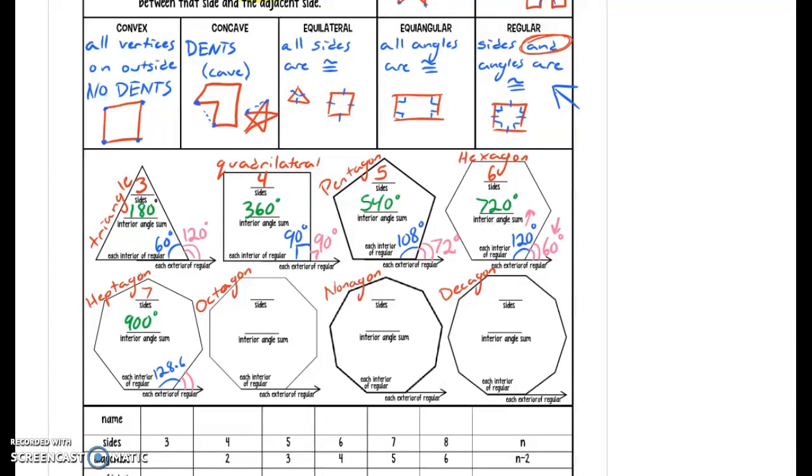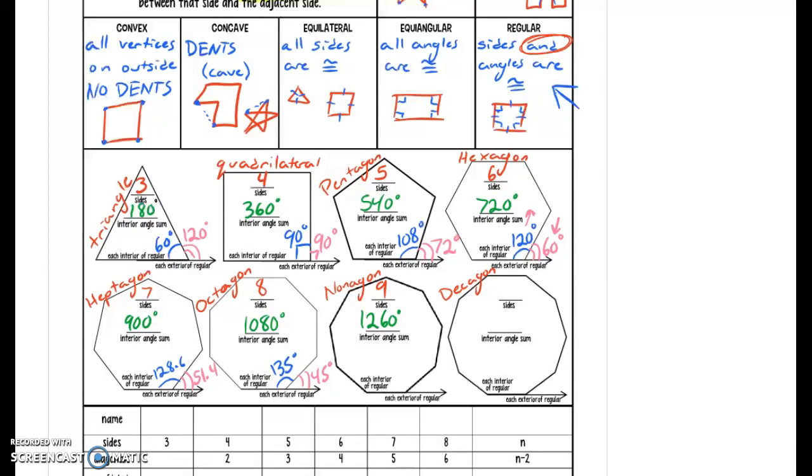Heptagon has 7 sides, 900 degrees for the interior sum. Each interior is 128.6. Therefore, each exterior is 51.4. Next is an octagon, which is 8 sides. The total interior sum is 1080 degrees. Each interior is 135. Therefore, each exterior is 45. Next is the nonagon, 9 sides, 1260 degrees for the sum.